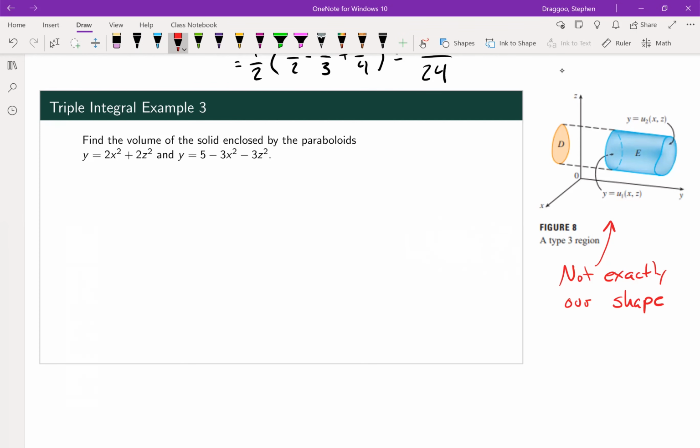So step one in this example is going to be to project the solid that we have into the XZ plane. It'll help us to start by saying that Y needs to be between the two paraboloids given.